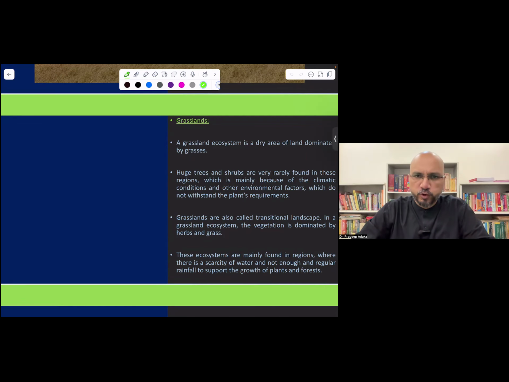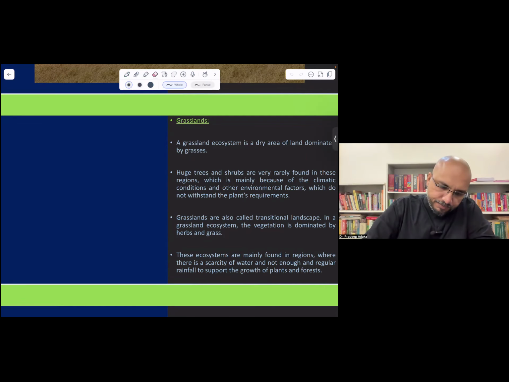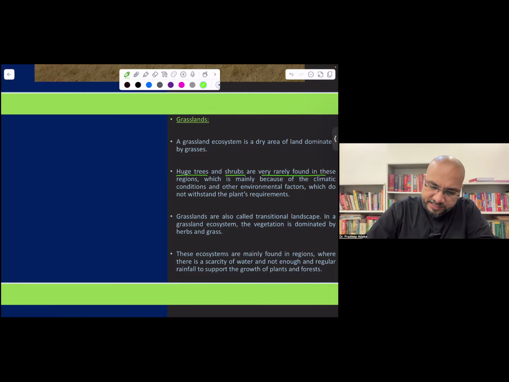That is the dominant flora. So huge trees and shrubs are very rarely found in these regions.